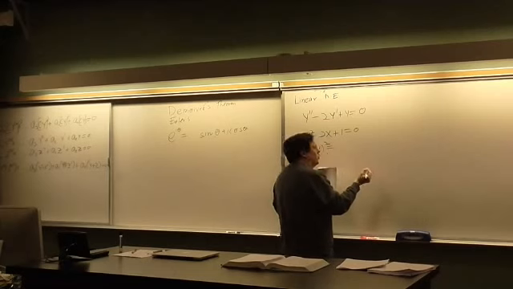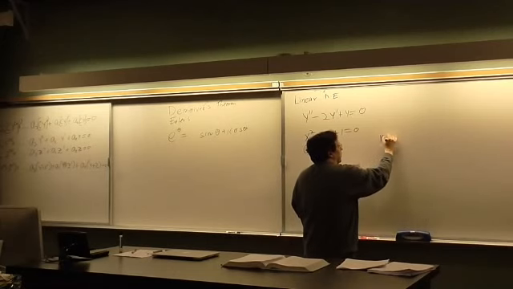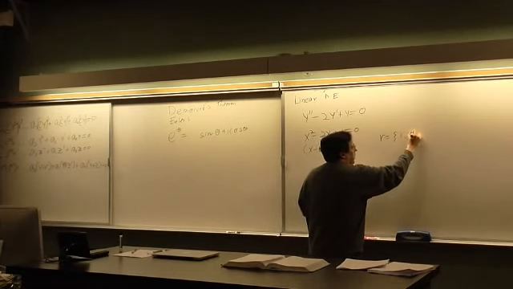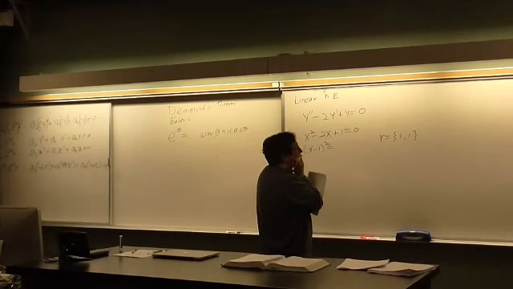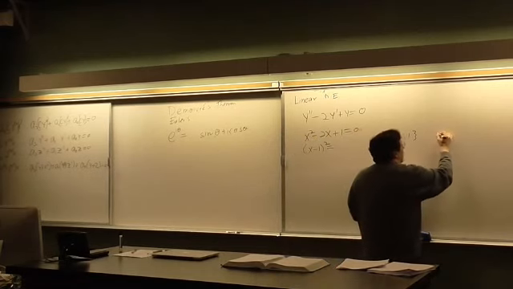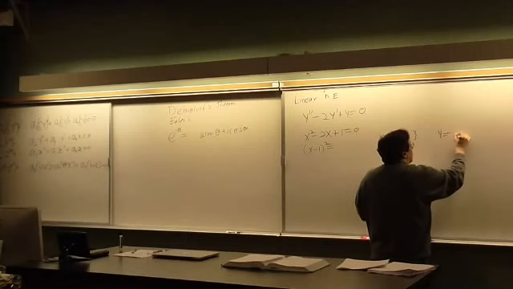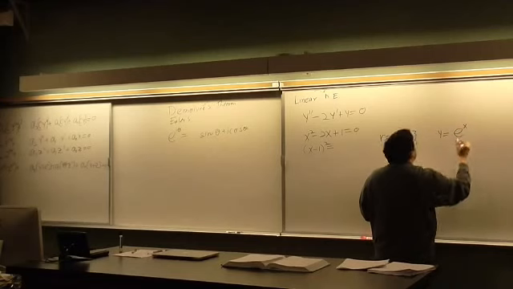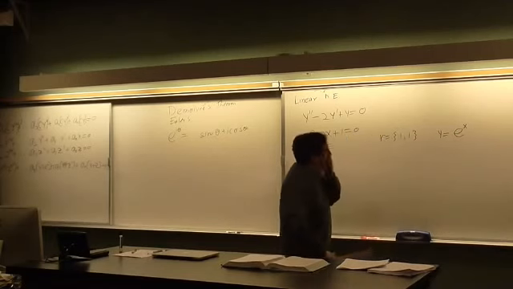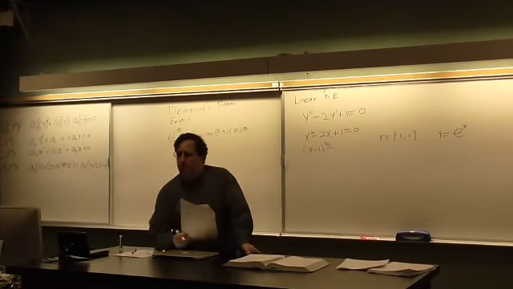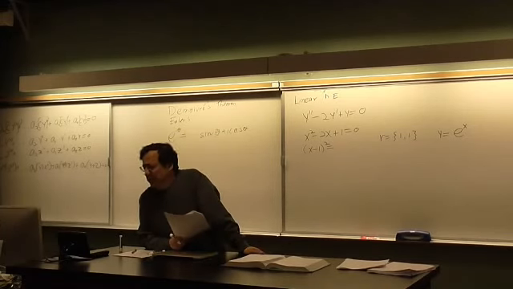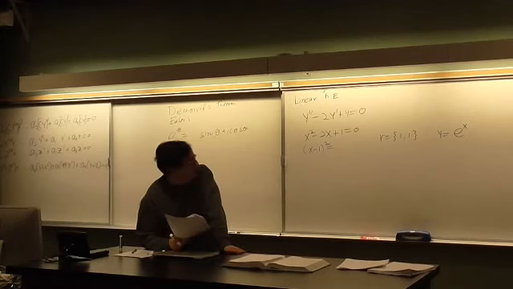So I have two roots in a sense, but they're both 1. So I know that y equals e to the x is a solution. But I'm used to two solutions. So the question is, what's the story?